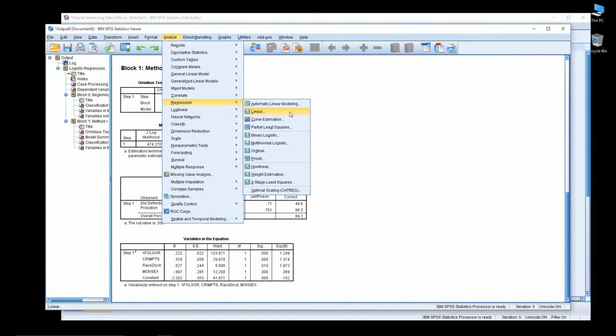However, if your dependent variable is dichotomous, a 0 or a 1, you would use logistic or binary logistic regression. If you have an ordinal dependent variable, there are other methods such as ordinal regression, which I'm not going to get into in this video, but it functions fairly similarly, with some caveats to how binary logistic regression works.